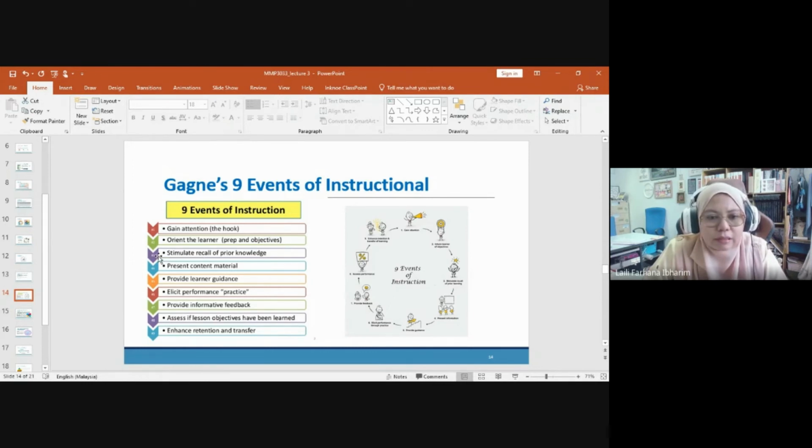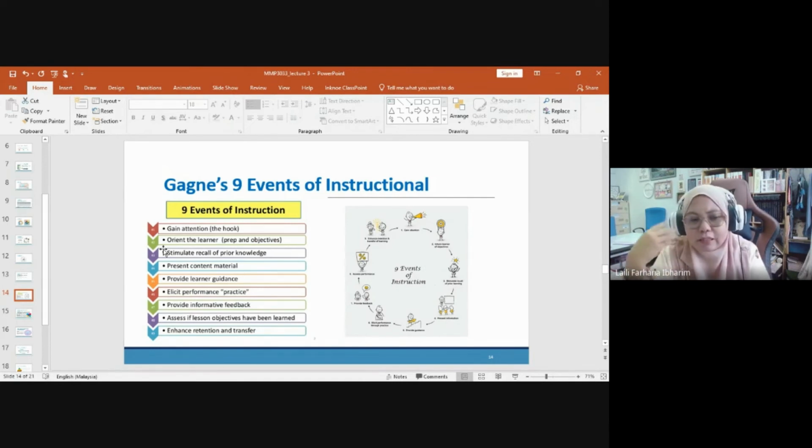And then the third event is to stimulate recall of prior knowledge. I mean by that pengetahuan sedia ada. Okay, so maybe the teachers will do a quick question and answer session, and the teachers will ask what they have learned from the previous class. Okay, and then after that, the teachers will connect the previous knowledge, or the prior knowledge, with the new knowledge that they will learn for today.